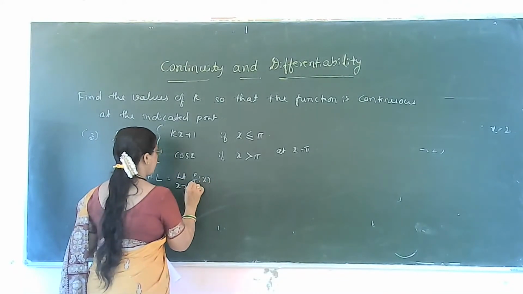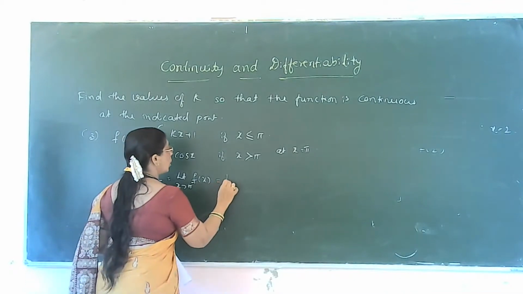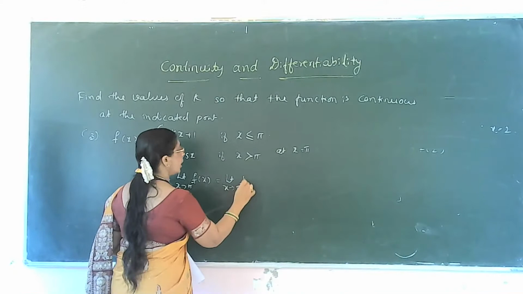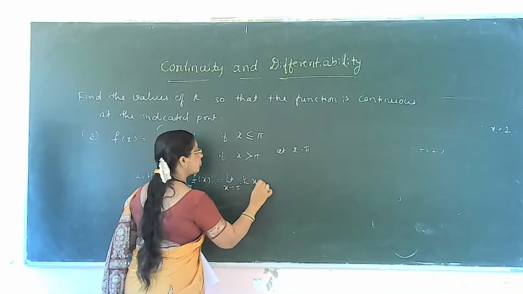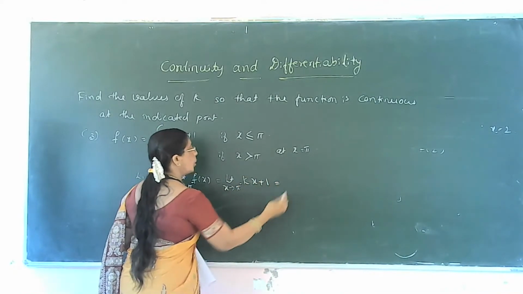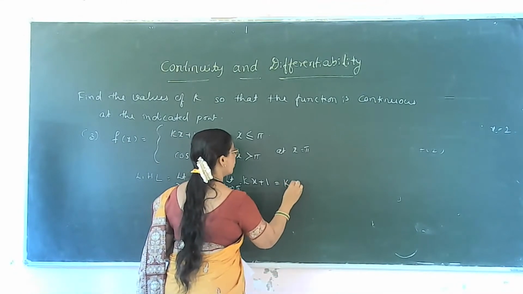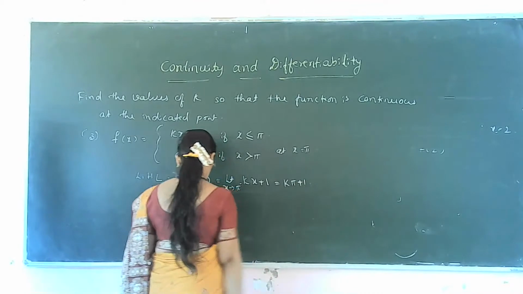LHL is equal to limit of x tends to 5 minus f of x, which is equal to limit of x tends to 5 minus kx plus 1, which is equal to 5k plus 1.